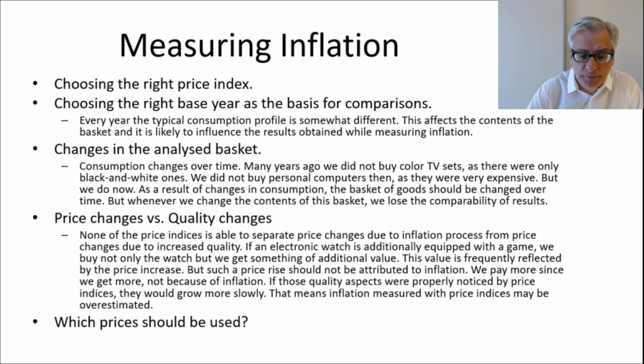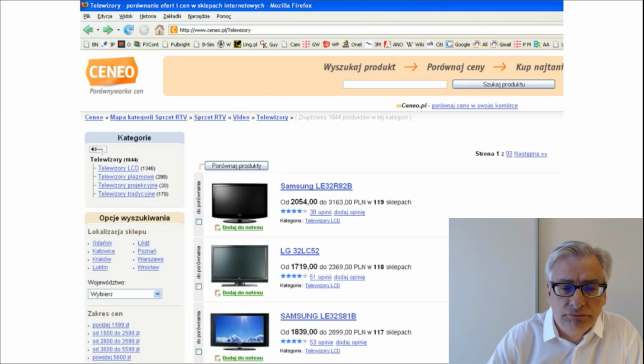Speaking of prices, there is a last question here when we want to talk about problems with measuring inflation. Which prices should be used? The same goods are sold at different prices in the economy. So if you look at a computer, a mobile, or a TV set, you can see it clearly that the price is within a certain range.